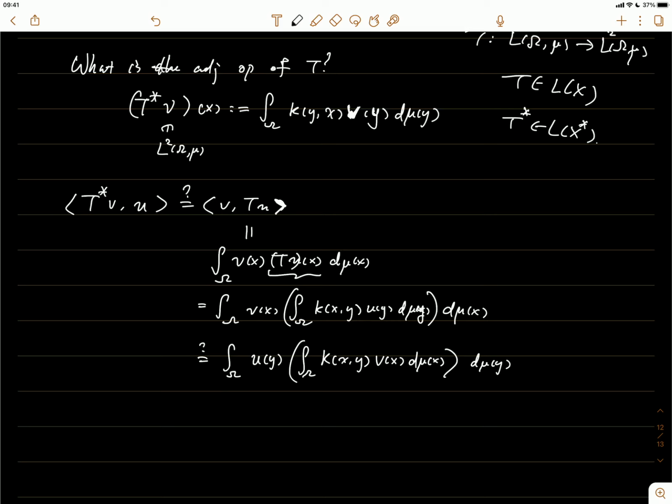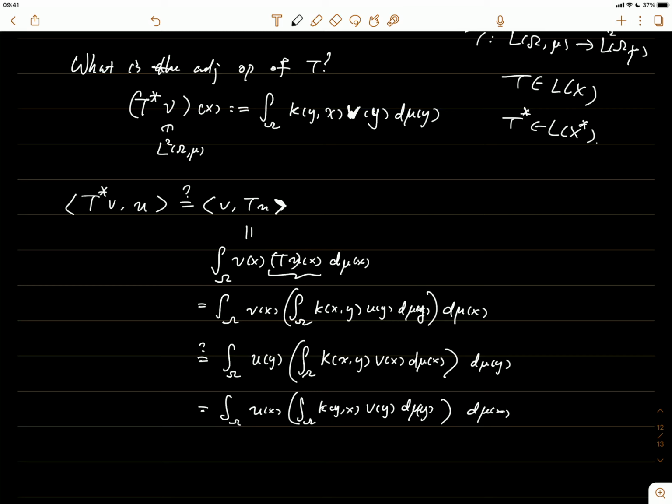And then we can just switch the notation of x and y. It doesn't matter. Then we'll have the integral of u(x) times the integral of k(y,x) V(y) d mu y, and then d mu x.